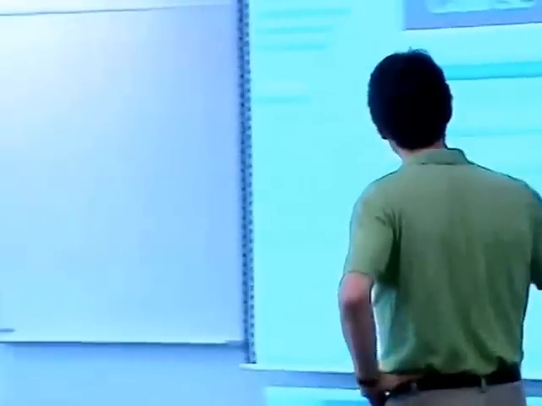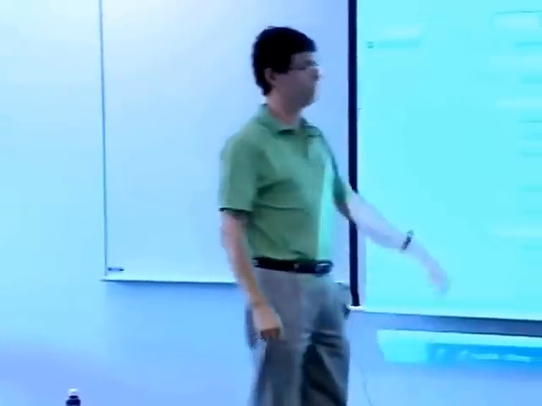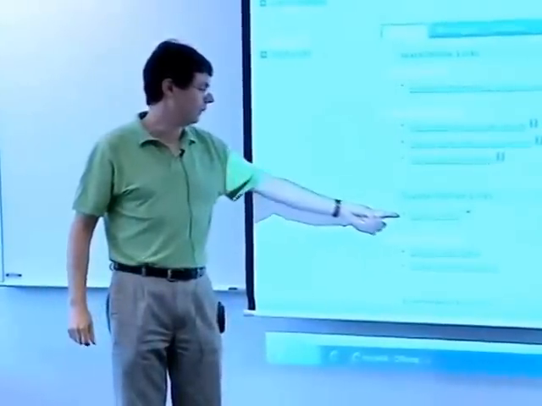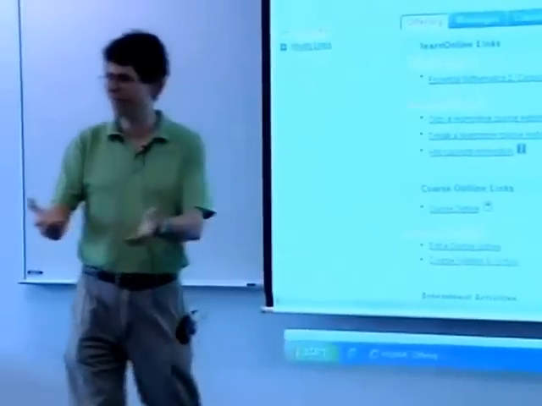Okay, so let me guide you through the website because from my end, it looks like this. And you have a course outline here, which will detail the bureaucracy of a course.